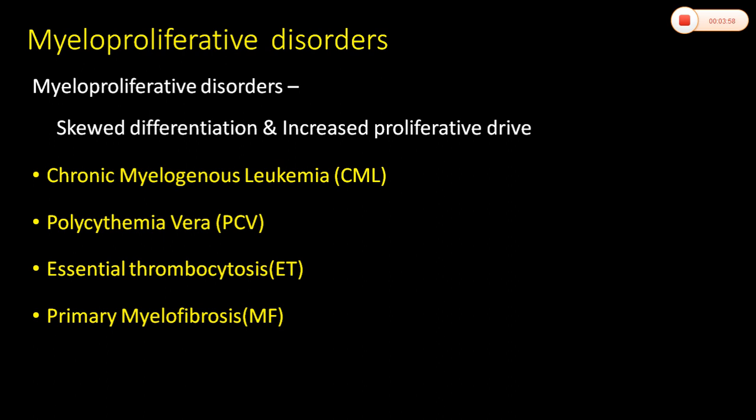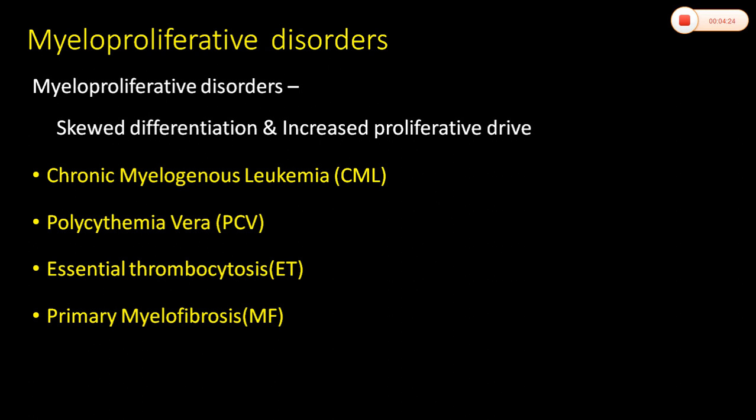Not only this skewed differentiation, but also once the lineage has been picked up, that lineage is provided with a growth advantage. There is increased proliferative drive. Only that particular set of cells will have florid development at the expense of other cells. This is what happens in myeloproliferative disorders.